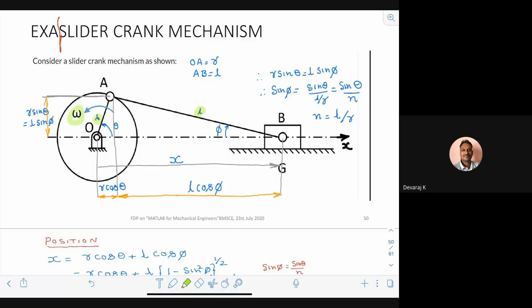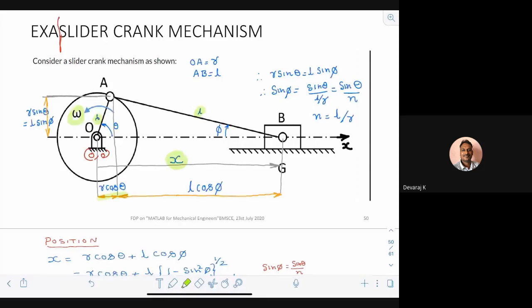So let's look at the equations for the analytical approach. If I take this as the origin, x is 0, y is 0. Then at any given instant, x can be written as r cos theta plus L cos phi.